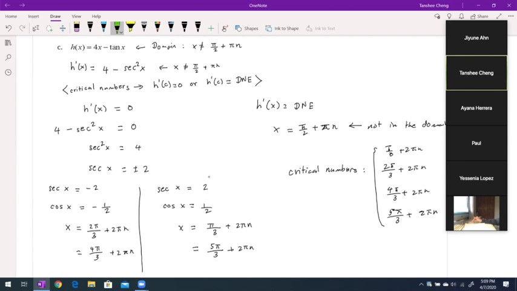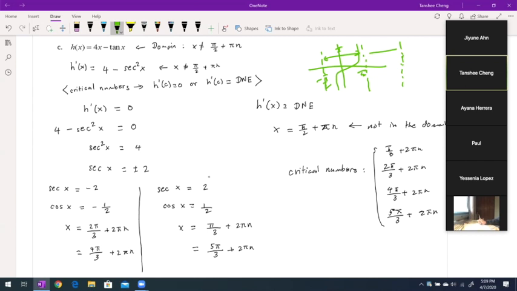Because of tangent. Remember that the tangent has one period on what? Pi over 2 to negative pi over 2, right? Because the tangent graph is like this, and this is a pi period. So for another pi period, the tangent will have another asymptote.